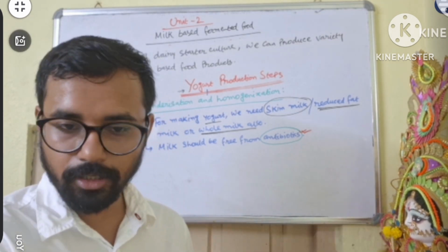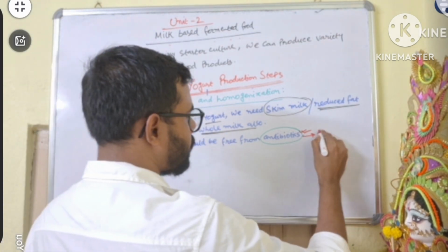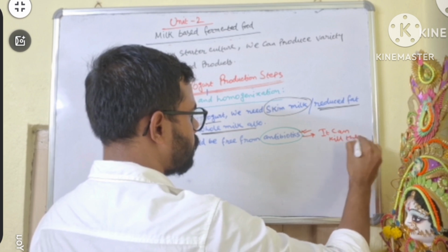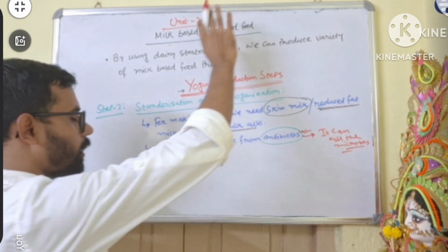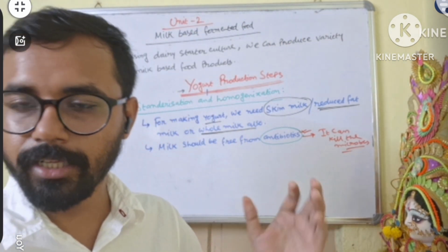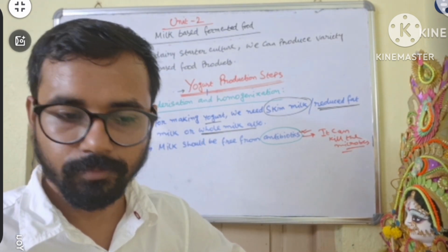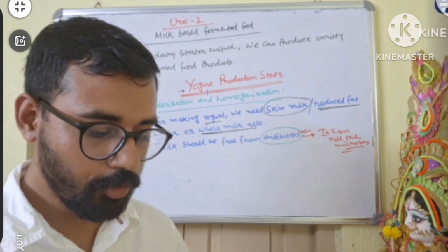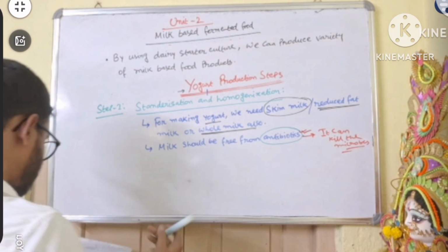The compound that kills the microbes is called an antibiotic. So if antibiotics are present in the milk, they can kill the microbes we are going to use during the fermentation, killed by the antibiotic present inside the raw materials. Yes or no? So no fermentation. So the milk that is collected during the manufacturing process should be free from antibiotics.